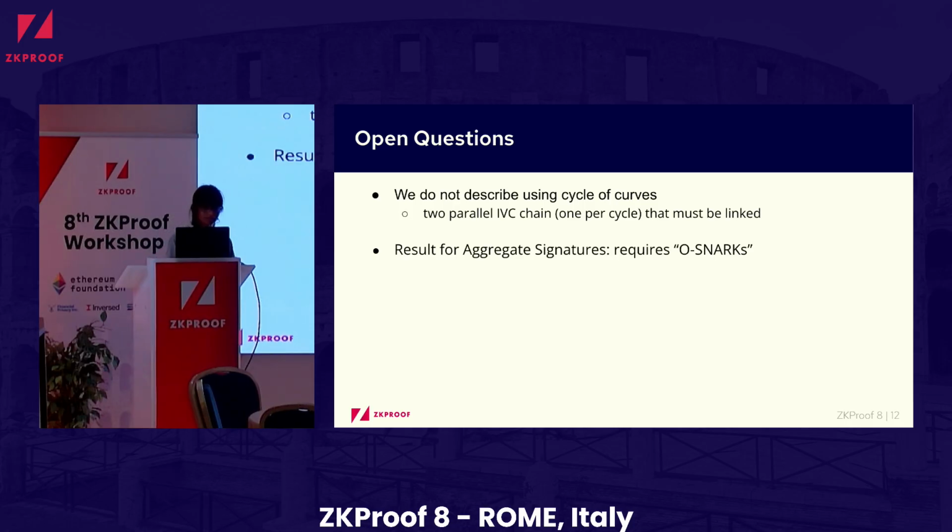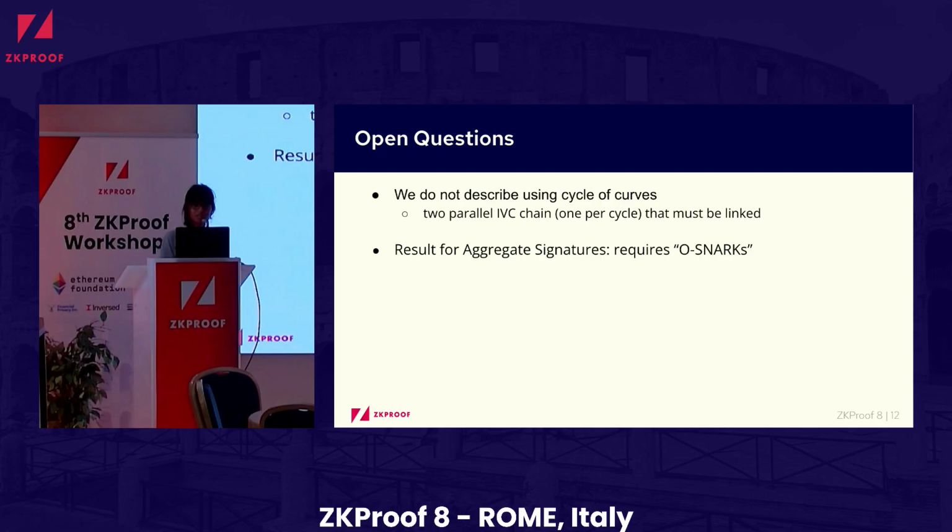Another question that I didn't really have time to discuss much, so I'll just talk about in a high-level way: we have a result for proving security of aggregate signatures, where signatures are secure in the AGM. And this requires special SNARKs called oracle SNARKs.